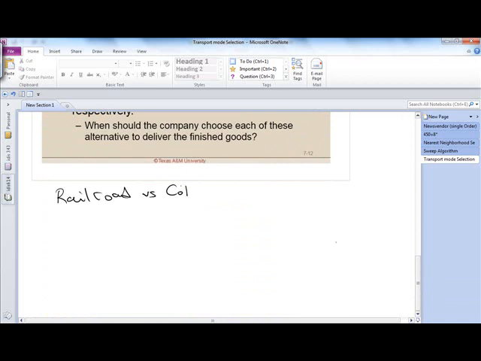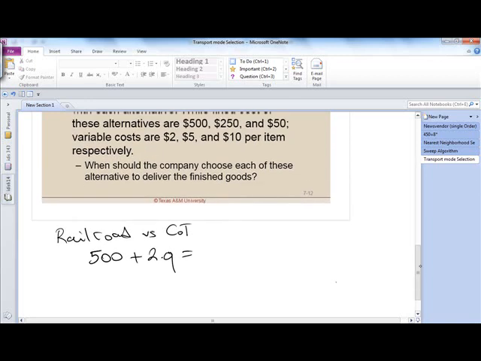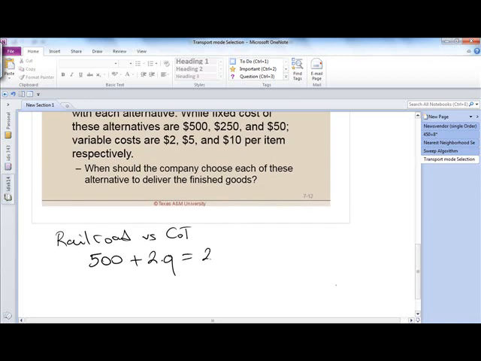company-owned truck. The railroad cost is $500 plus 2 times Q, the number of items I'm shipping, and when they are equal, it's 250 plus 5 times the number of items I'm shipping.